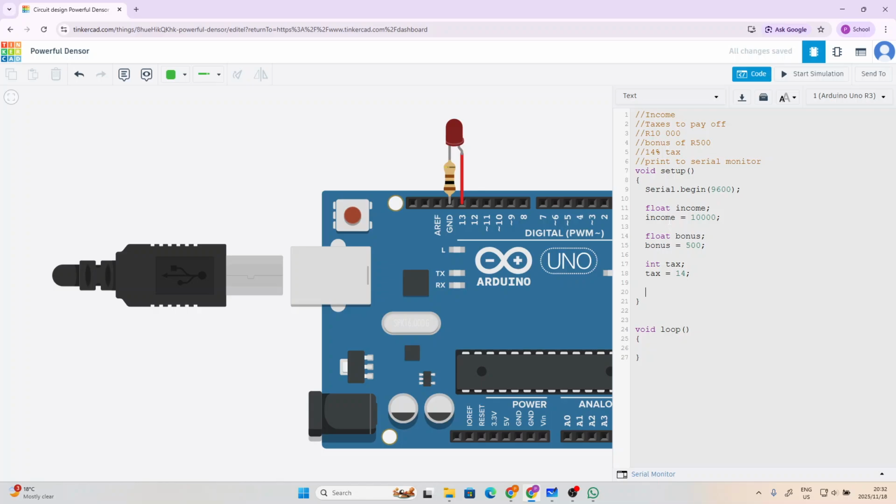And we need to print all of this to the serial monitor now. So first, we're going to create one more variable. Let's call it a float and call it final, updated income.